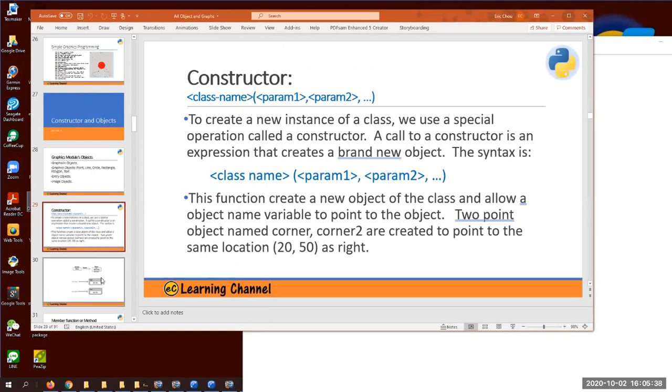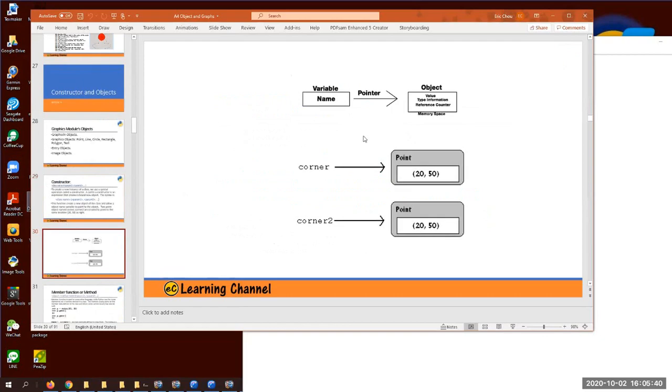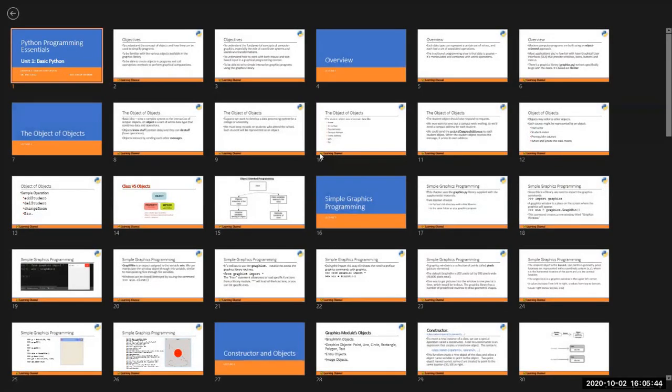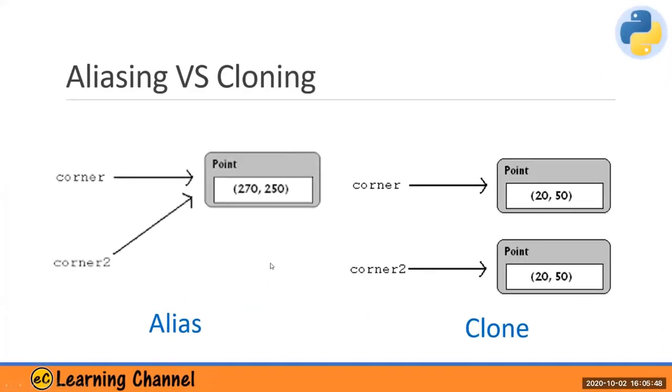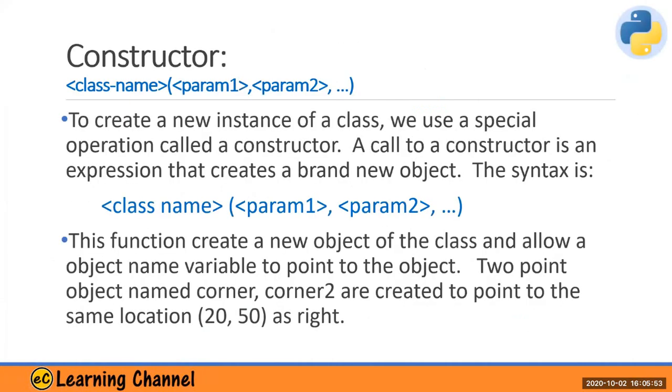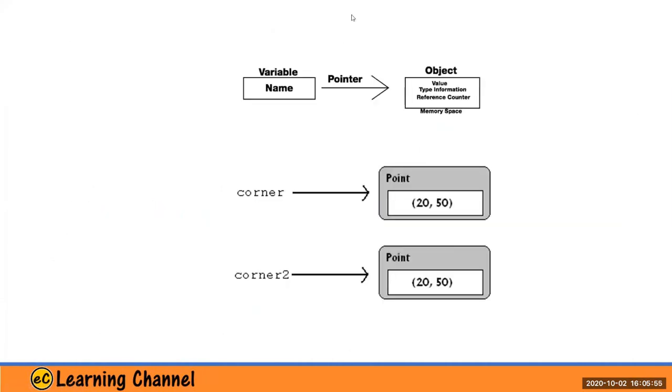Then we can create two points. We have an object, and the object has a name. In our case the name would be p, pointing to 3 and 4, and another point for q.